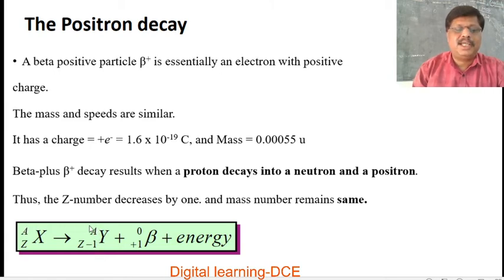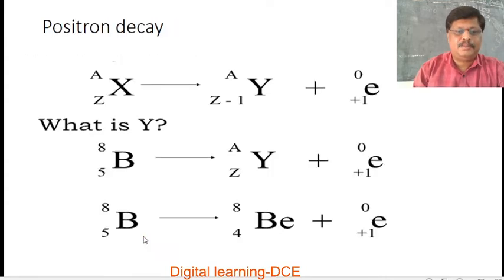So the mass number stays the same, but the atomic number decreases by 1, plus 1 beta 0. This particle has a positive charge, so it is represented by plus 1, but its mass is negligibly small, therefore its mass number is 0.